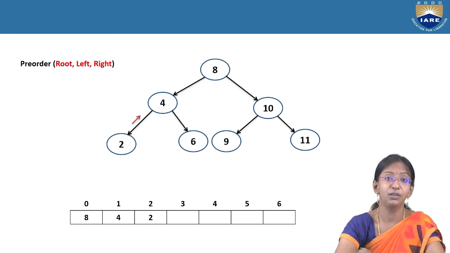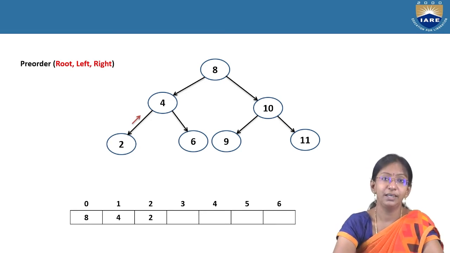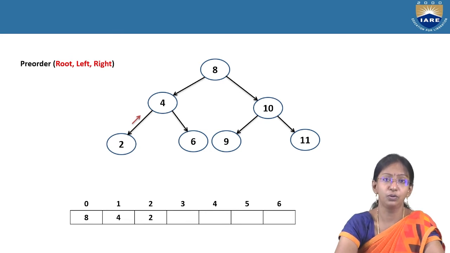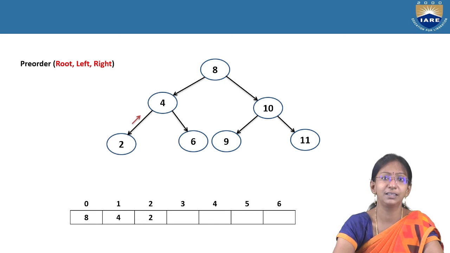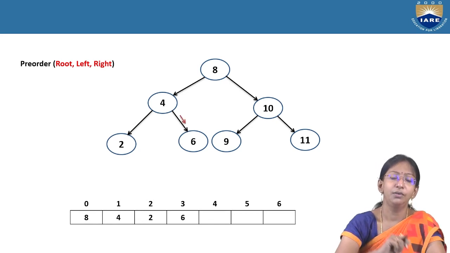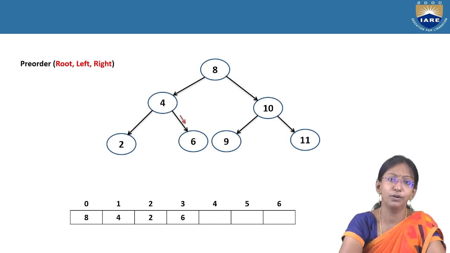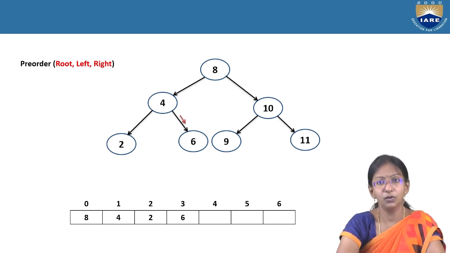So traveling towards the left hand direction of 4, node 4 is done. So let's go towards the right side of 4. When you go to the right side of 4, you are going to encounter the value 6. Right? So when you encounter the value 6, first of all, preorder tells us to store that value.